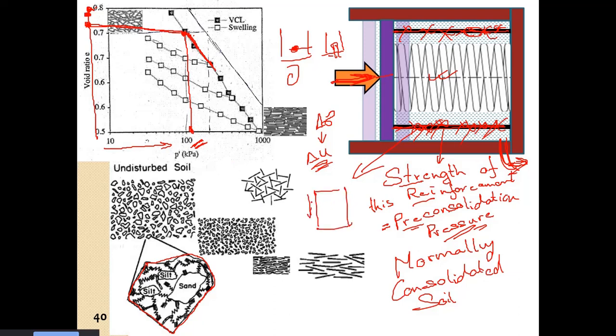Total stress minus the pore water pressure, the effective stress, was equal to 100 kPa. That is what it was subjected to in the in situ condition. So it has already formed an equilibrium structure to that effective stress. So this is the equilibrium structure.